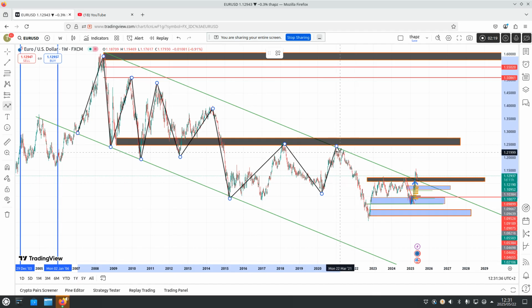So this one is called a double top touch, where two similar highs are touching and being rejected from this resistance zone. We call it a double top hit.